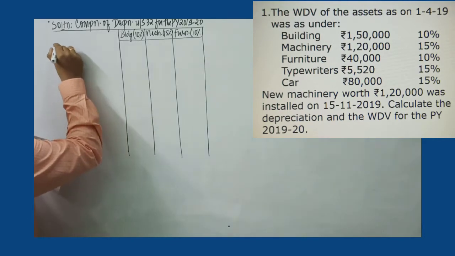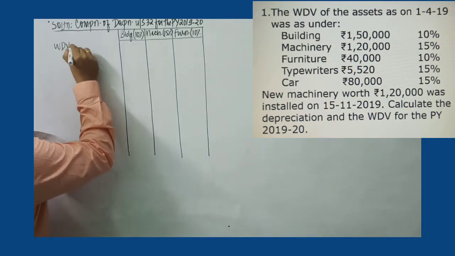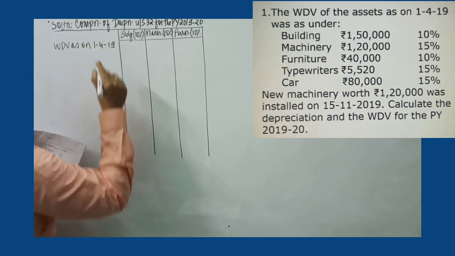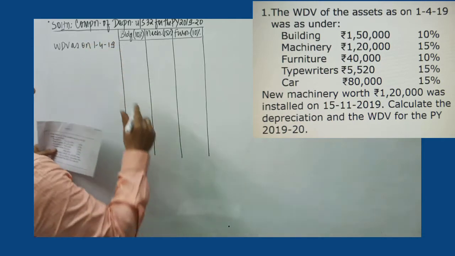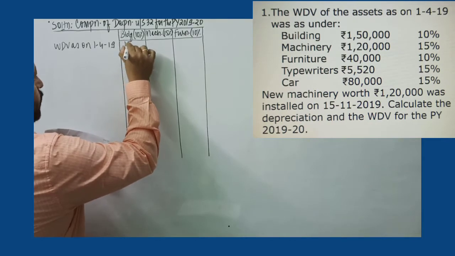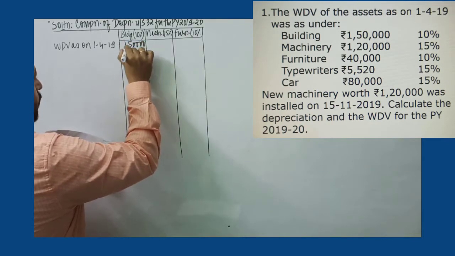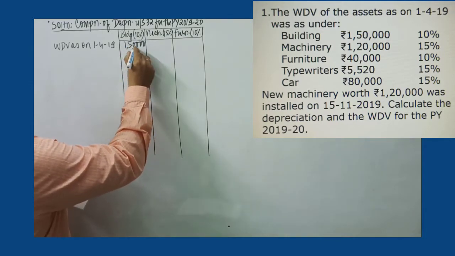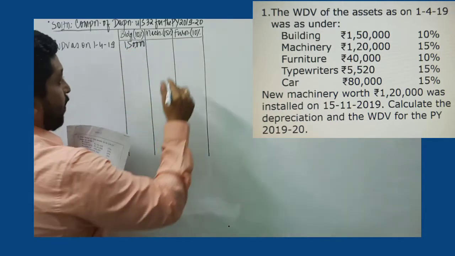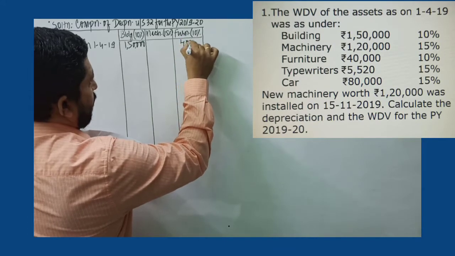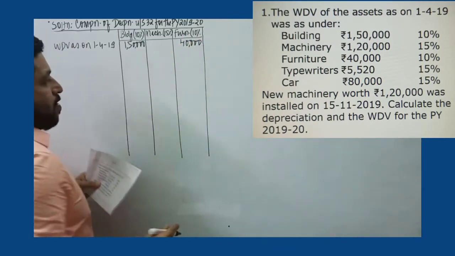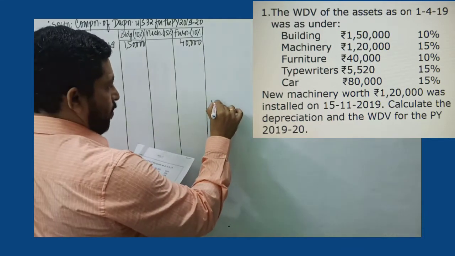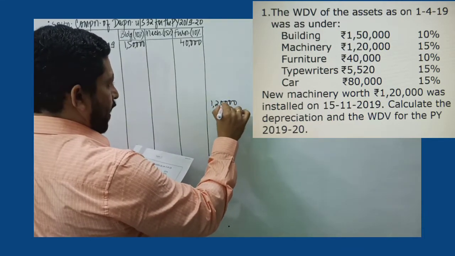So I will record written down value as on 1st of April 19. As far as building is concerned, the value is 1,50,000. Now as far as furniture is concerned, the value is 40,000. Now machinery is 1,20,000, the opening block value.